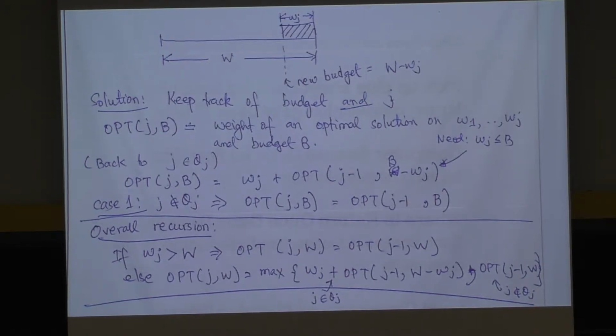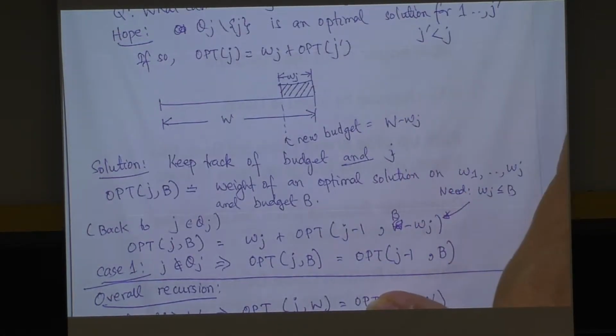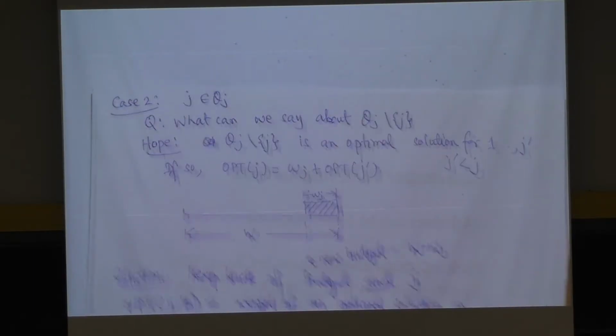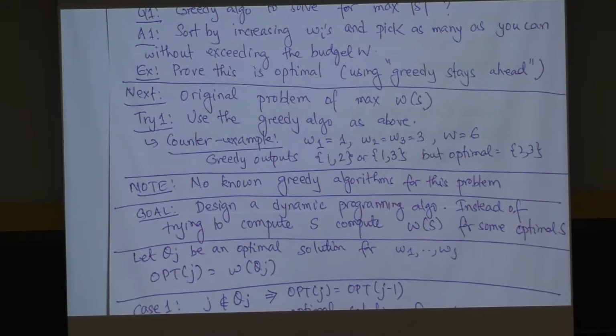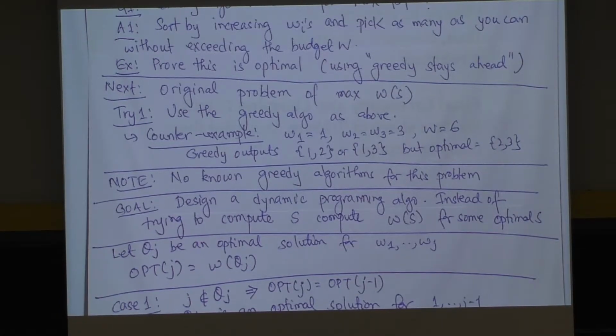All right, Mehmet, you had a question? Back to the first time you mentioned the case, you said that we were doing some sort of contradiction. Are you talking about somewhere over here or the previous page? Over here?